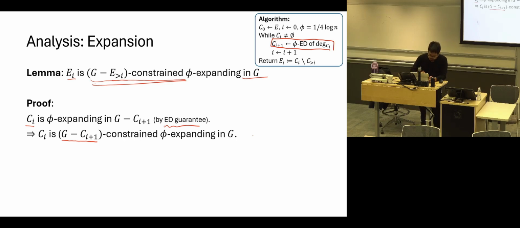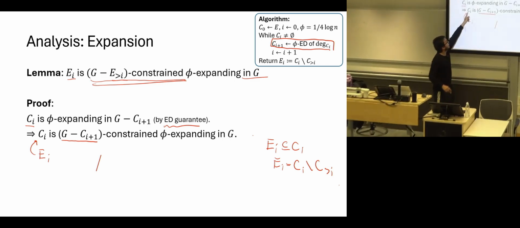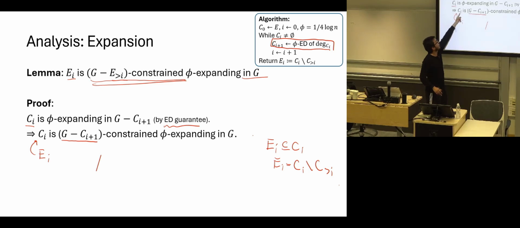But now you know that Ei is a subset of Ci, because Ei is defined to be Ci minus Ci more than 1. So you can replace this by Ei. This is all edges that have been promoted to level i, but maybe more.